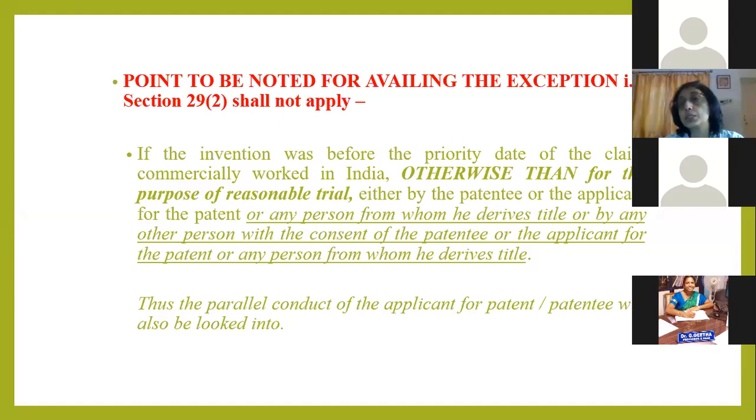So it's fine that somebody has obtained from me and published without my consent. I didn't know, and I go and file an application. Fine. But if somebody has obtained, he has published, and I have also commercially worked the invention, so I make prototypes and ask people to sell. It's not trial.